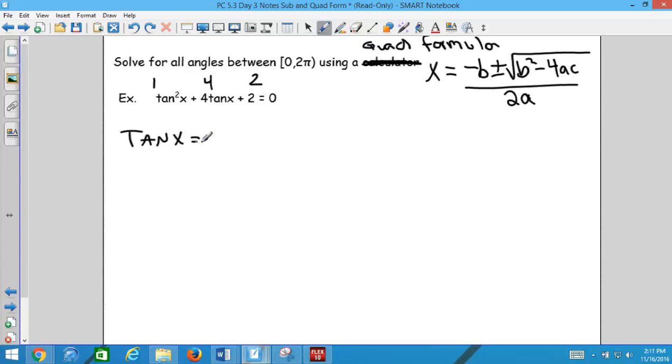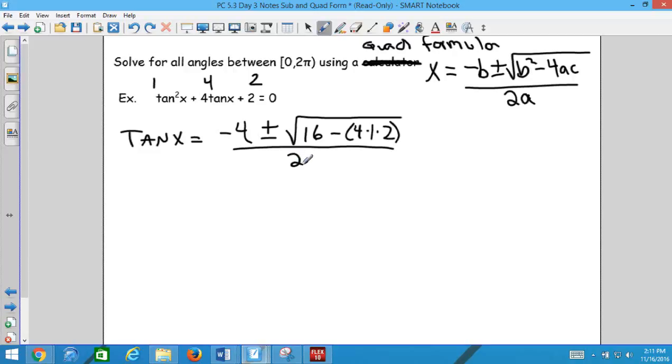So we're going to do opposite of b, so minus 4, plus or minus square root b squared, which is 16, minus 4 times 1 times 2, all over 2 times 1. Then you simplify everything, and you get negative 4 plus or minus square root 8 over 2. Then you simplify further, and you get negative 2 plus or minus radical 2.